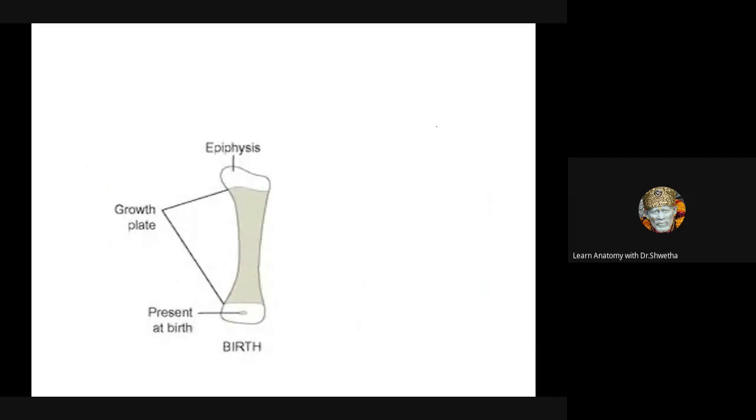In the embryonic period, in the region of the thigh of an embryo, where the femur is supposed to be formed, a cartilaginous model will be placed. Around the 7th week, its bone formation begins, and that process is known as ossification.